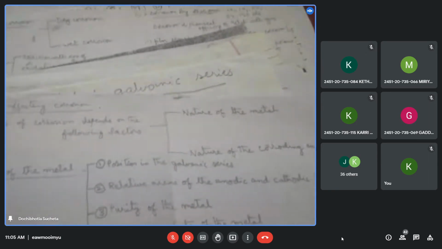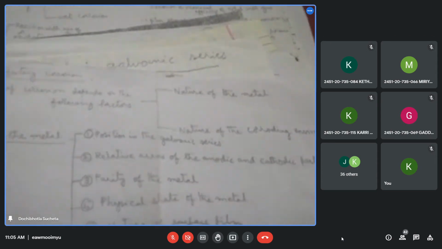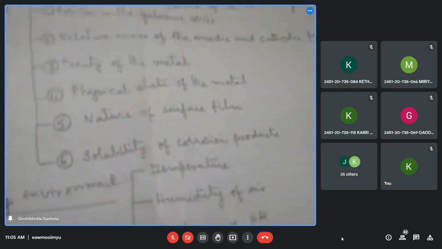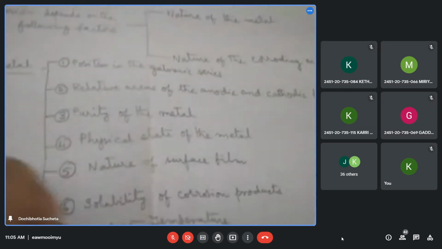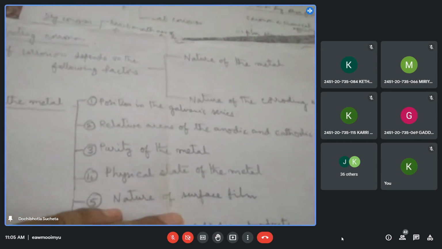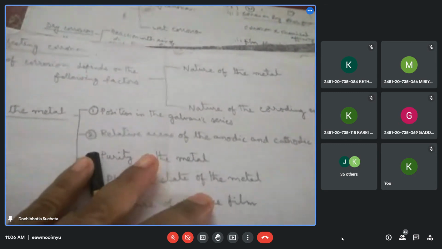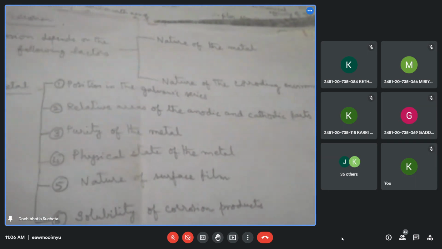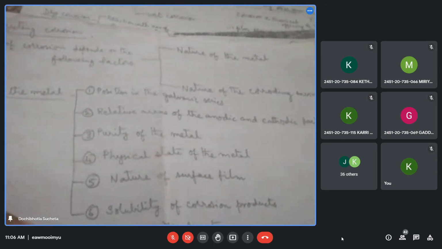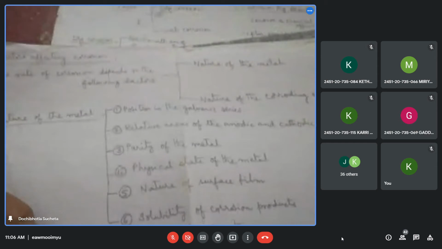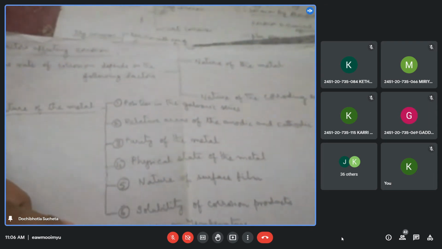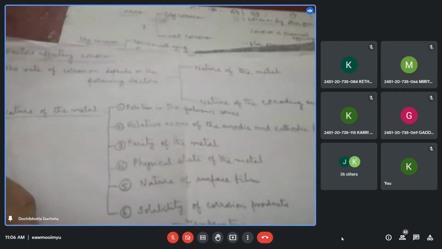Now take down one definition: passivity. What is passivity? Passivity is the property of a metal to suffer less corrosion due to formation of stable non-porous oxide film.